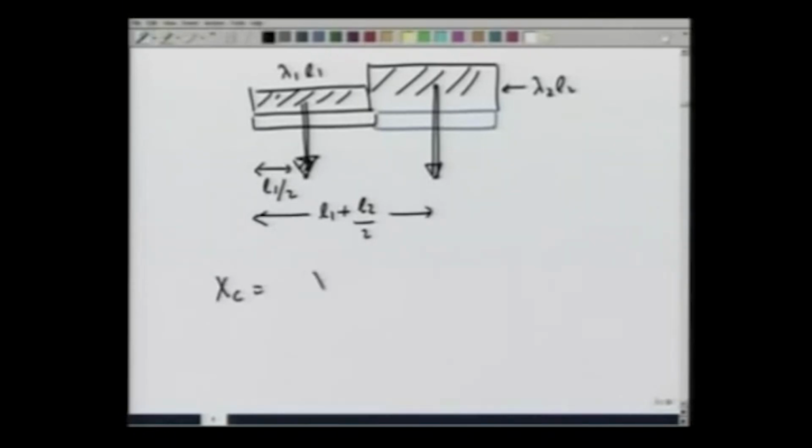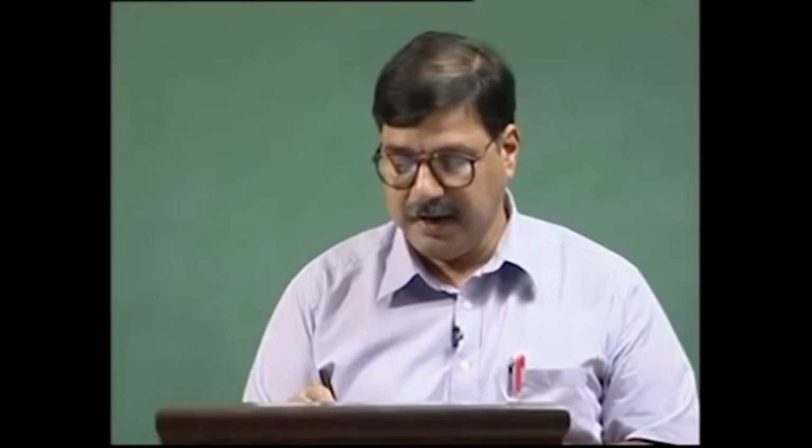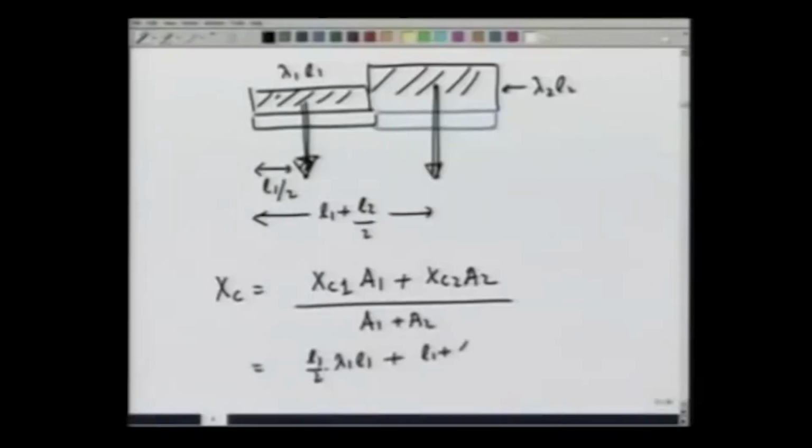is going to be x_c1, that is the first part, times area 1 plus x_c2 times area 2 divided by area 1 plus area 2, and that is going to be L1 over 2 times lambda 1 L1, g would cancel from the top and the bottom, plus x_c2, which is (L1 plus L2) divided by 2, times lambda 2 L2, over lambda 1 L1 plus lambda 2 L2.